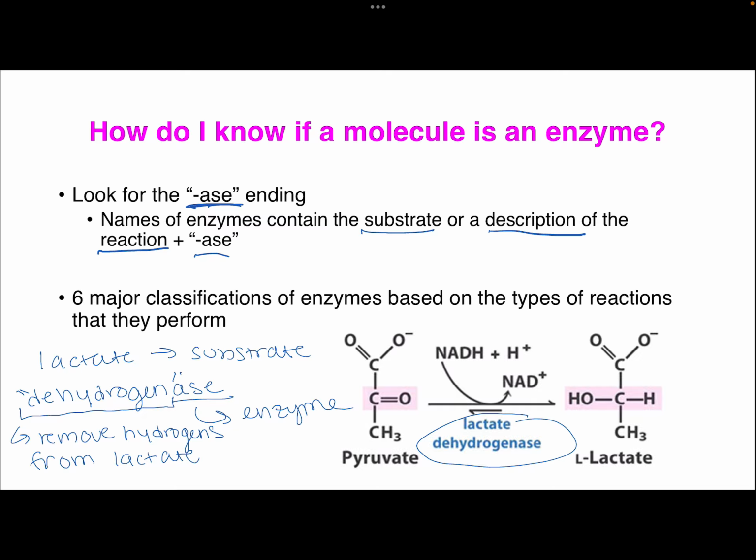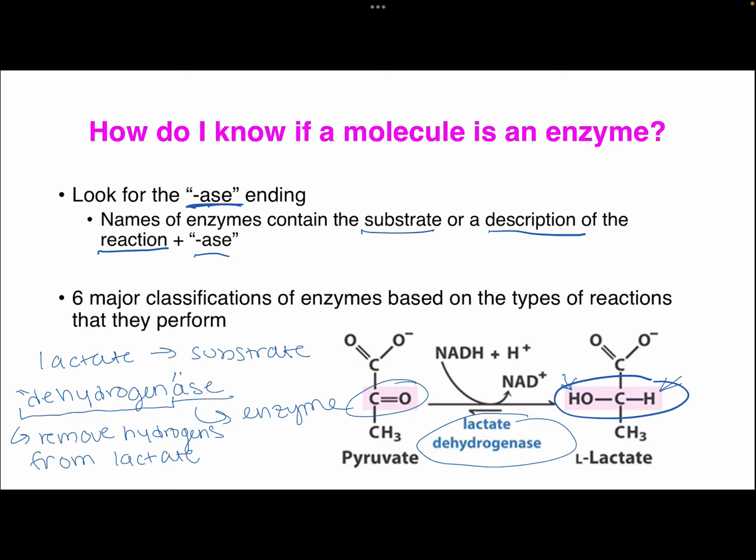Literally dehydrogening lactate. So you can look at these structures here, see that lactate has these 2 hydrogen atoms, and then pyruvate, what it's being converted to, has none. So we are losing hydrogens. The enzyme is removing hydrogens. It's dehydrogening lactate, right?